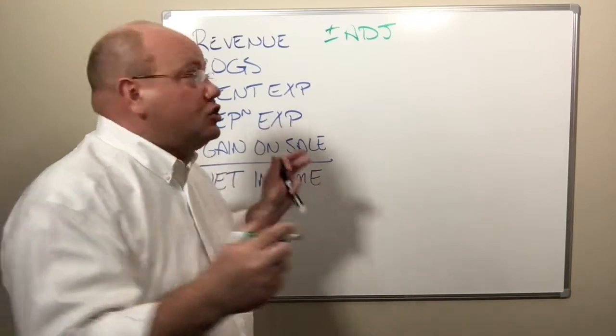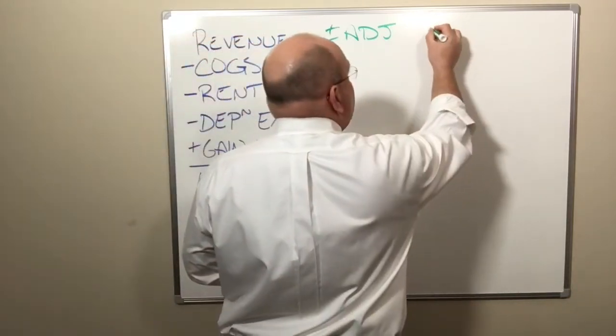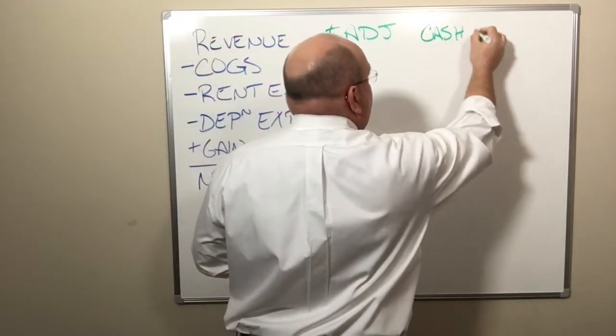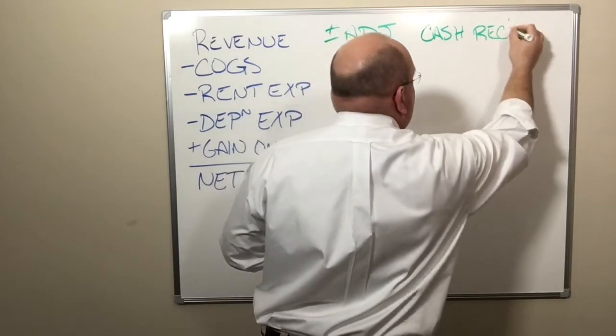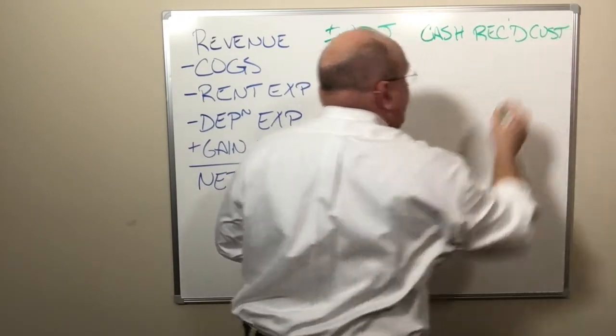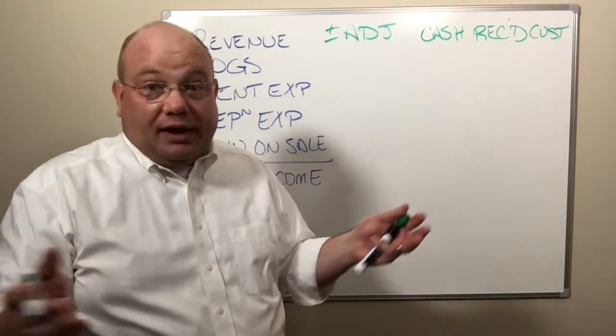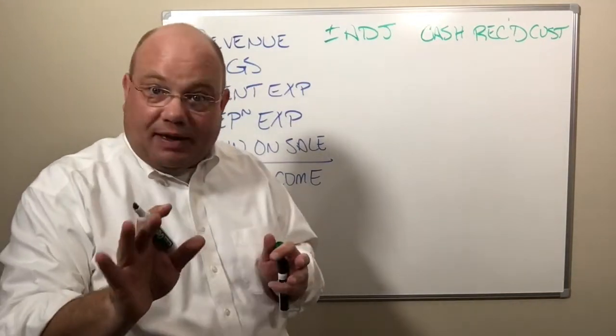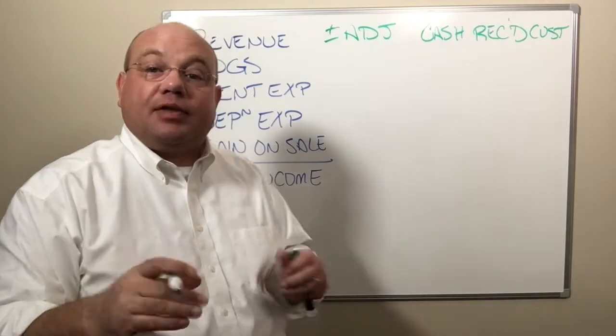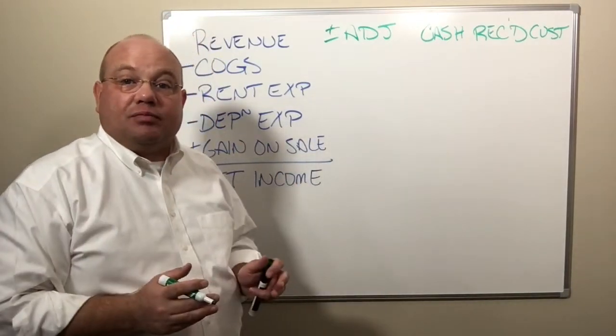What that line becomes is cash received from our customers. That's going to be the first line under the direct method. We're not doing this on the exam, but in the direct method it's going to be cash received from customers.